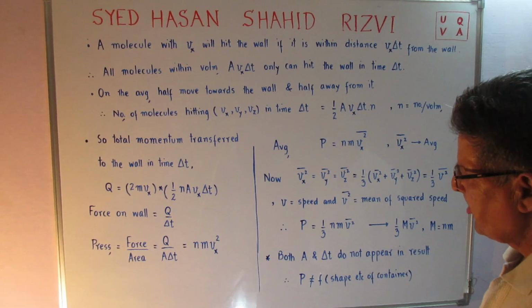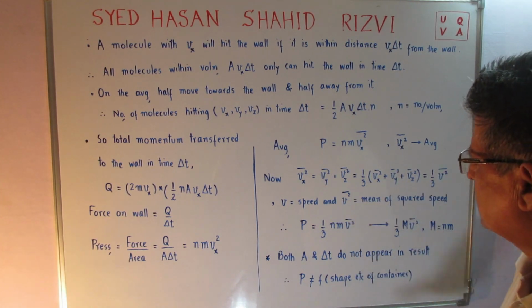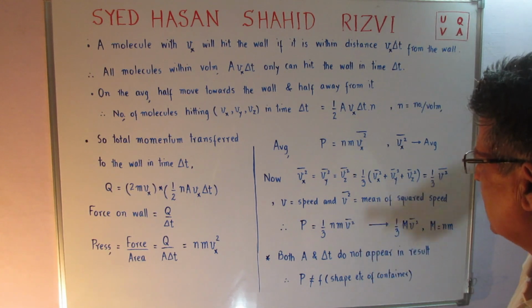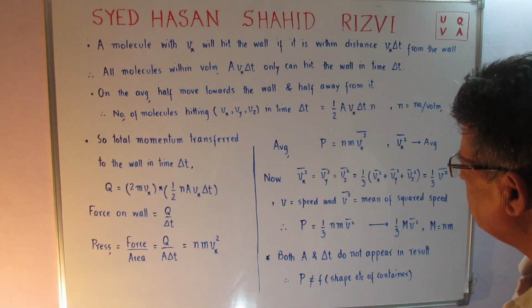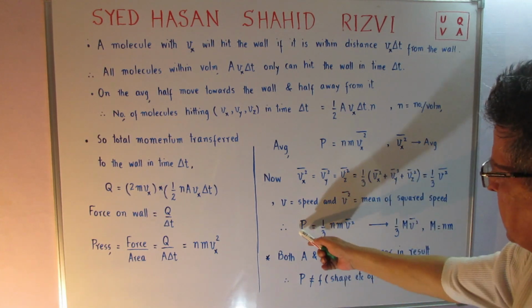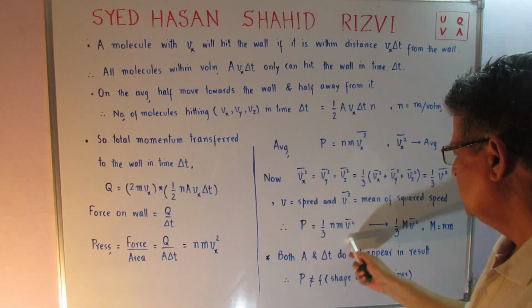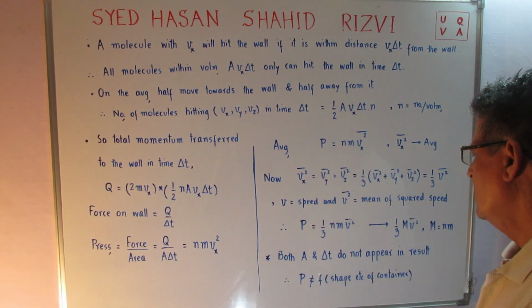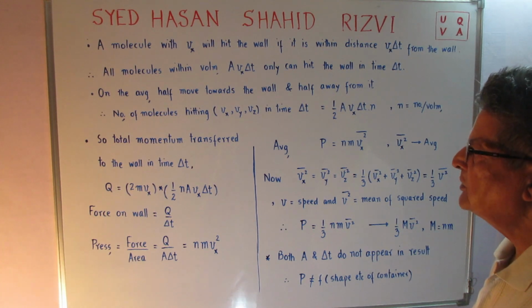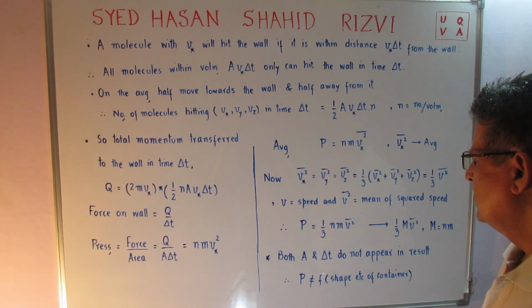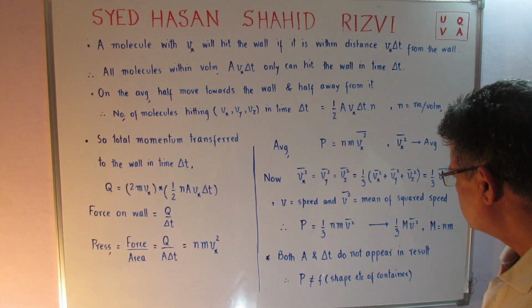So you can see that if we know n, if we know m, and we have the value of v square average, then the pressure can be expressed in terms of these quantities. So this is how the interpretation of pressure is there in the kinetic theory of gases.